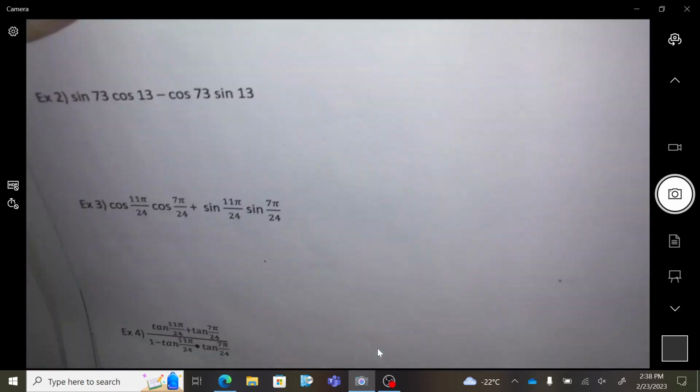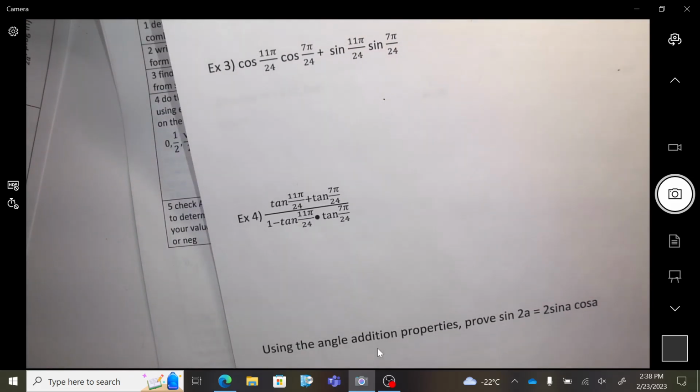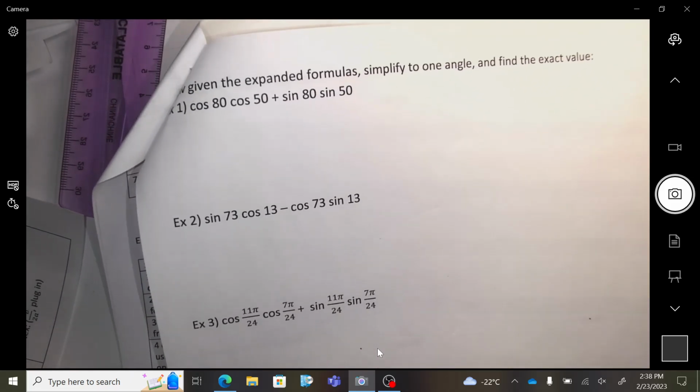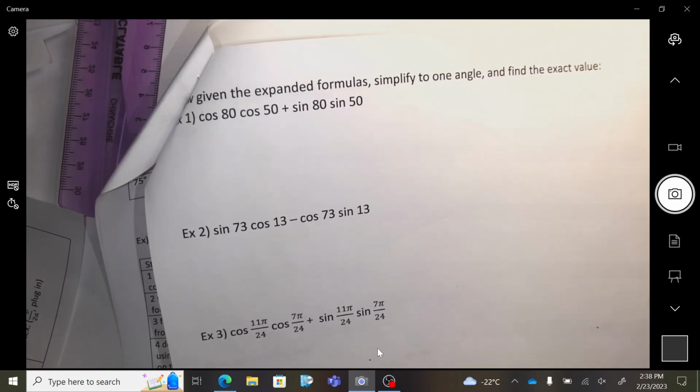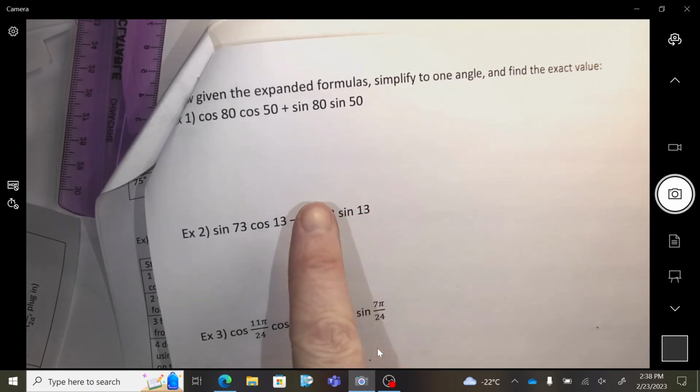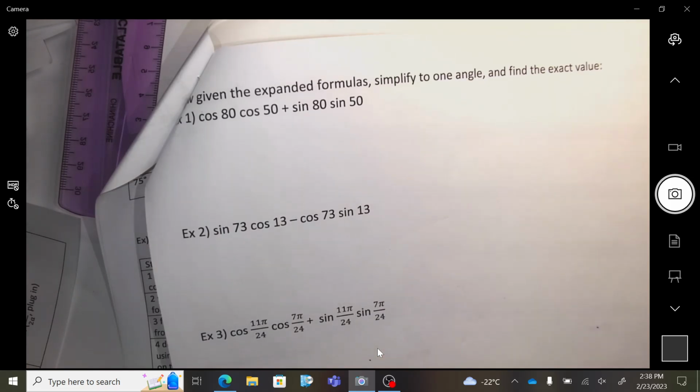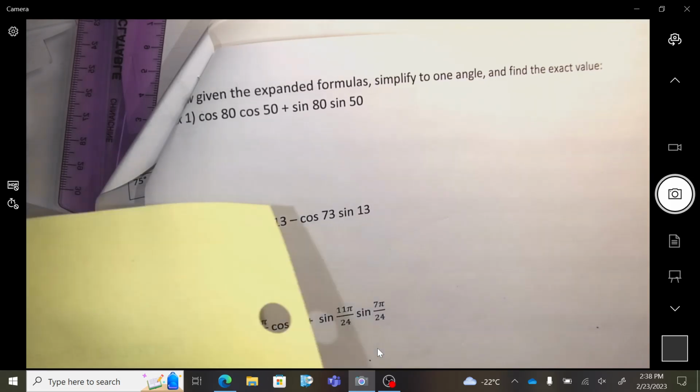Okay, the next little thing we're going to learn today, this is back to your notes paper, is just working opposite of that. Just a little bit backwards. So we're working with the formulas we just worked with.